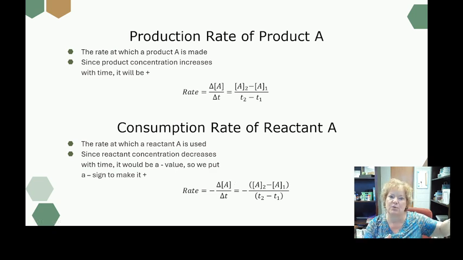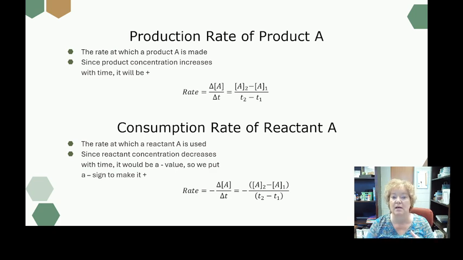So how much do I end up with, which would be less than how much I started with, a negative number over the same time period, but the negative sign I put in front cancels out the negative change in concentration, so that overall the consumption rate will still be a positive number. Because I know it's being consumed, I'm not concerned about that sign. I want to make everything positive and not deal with signs. So we add a negative sign in there. So for a production rate, I don't have to add a negative sign in front, but for a consumption rate, I do have to add a sign in front.